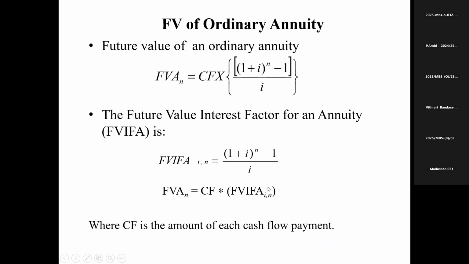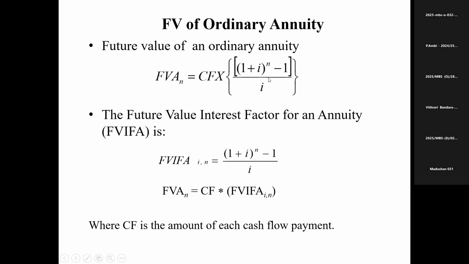That is what the future value of ordinary annuity equation is generated from, based on the principle I explained. You can see cash flows multiplied by (1 plus i) power n minus 1, divided by interest rate i. Right? This formula is applicable in the future value annuity interest factor table.